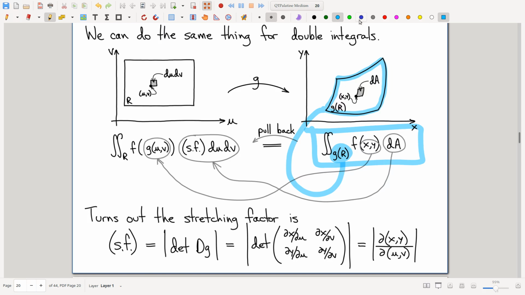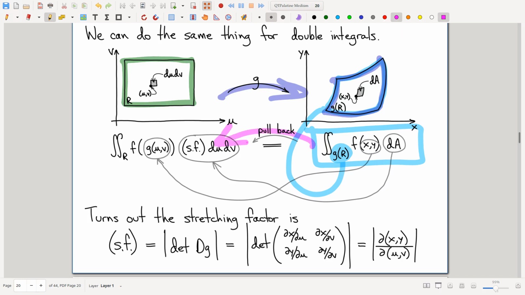The big first step is to figure out some way to view your domain as being an image of something better. Perhaps, for example, a rectangle like this. And we'll see a bunch of different examples in the next few minutes. So if you can view your undesirable domain as an image, then you can do what we call a pullback.